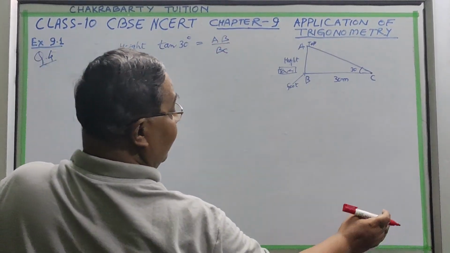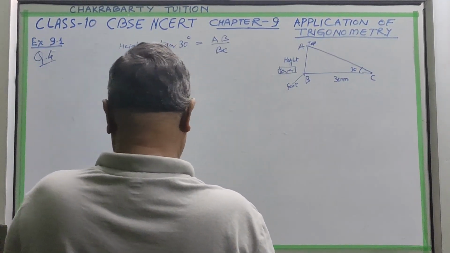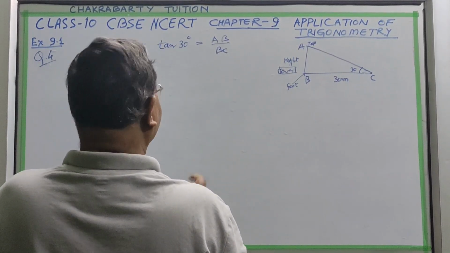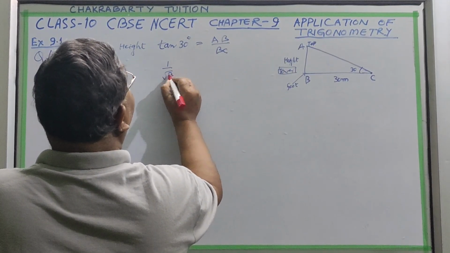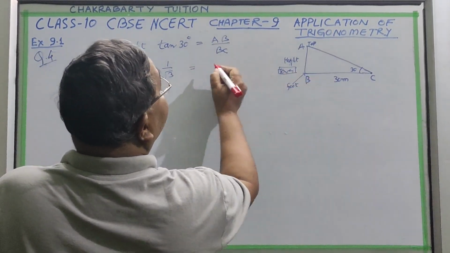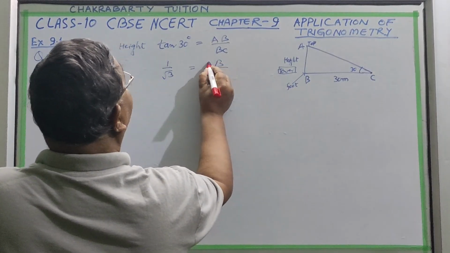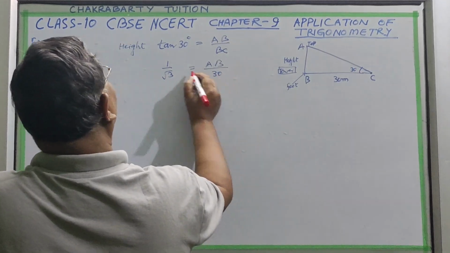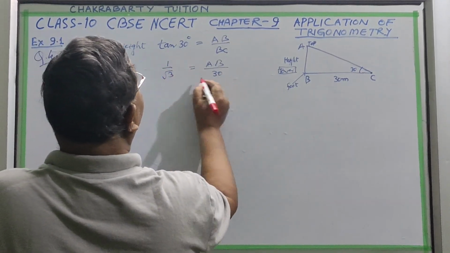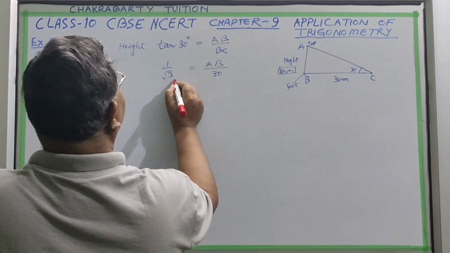Tan 30 is 1 upon root 3, so we write 1 upon root 3 equals AB upon 30 meter. AB we have to find.